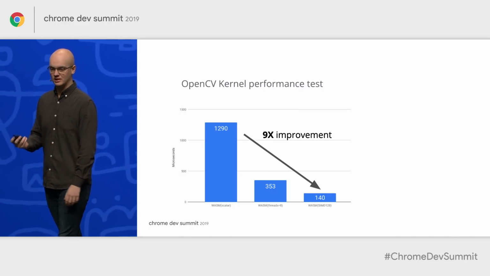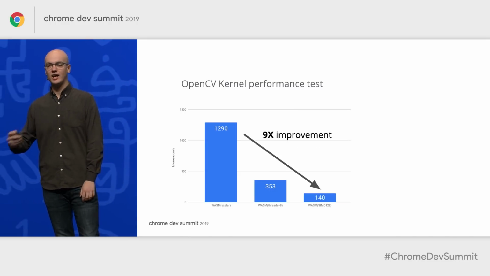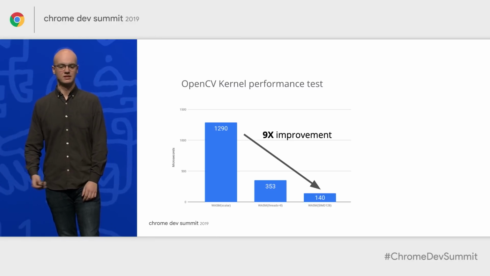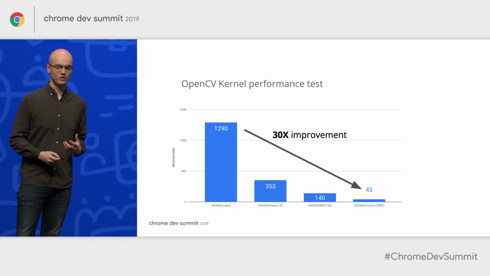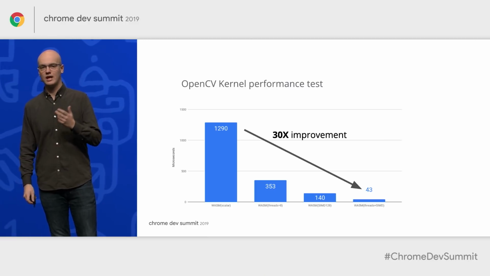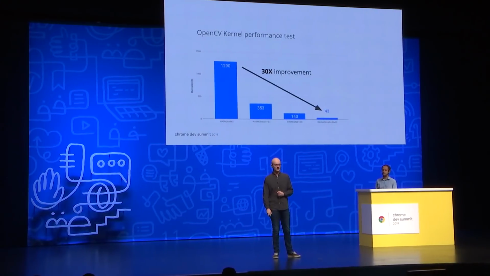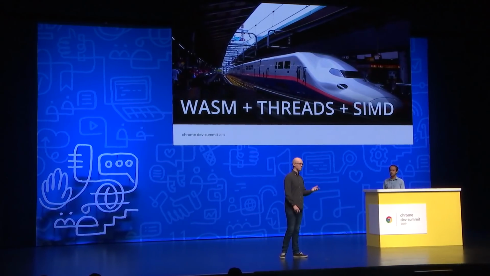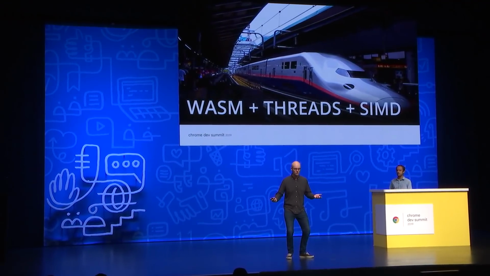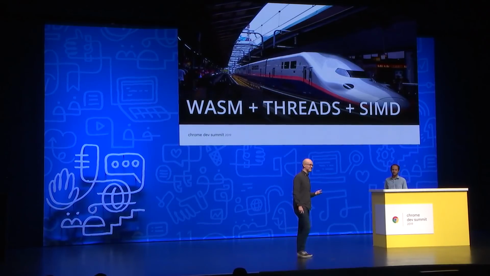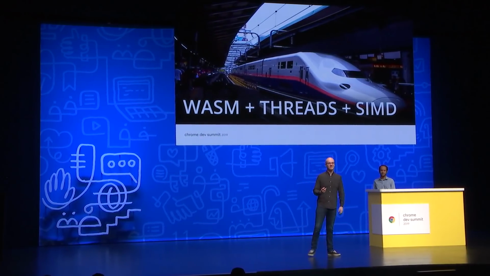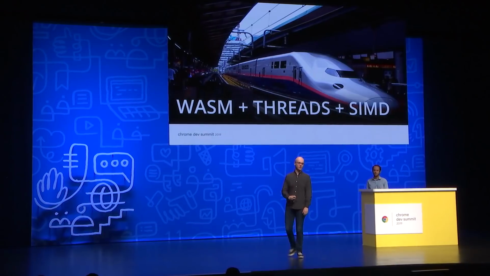And using SIMD gives you an even more impressive 9x improvement just by itself. And then when you take these together, it results in an overall 30x improvement to this performance test, which is truly staggering. So coming back to our train analogy, because who doesn't love trains? If WebAssembly Threads is like an old-style train, using threads and SIMD together is like a modern bullet train.